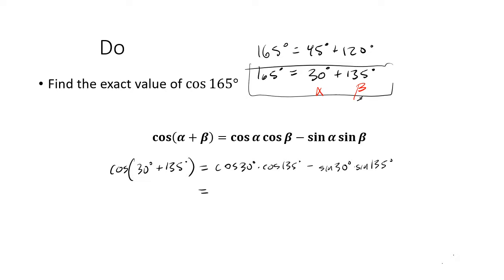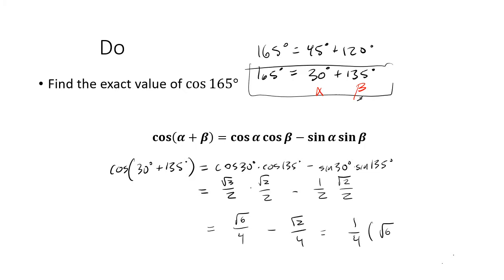So cosine of 30 degrees is the square root of 3 over 2. Cosine of 135 degrees is negative square root of 2 over 2, minus sine of 30 degrees is 1/2. Sine of 135 degrees is the square root of 2 over 2. So this ends up being negative square root of 6 over 4 minus square root of 2 over 4, or negative 1/4 times square root of 6 plus square root of 2.